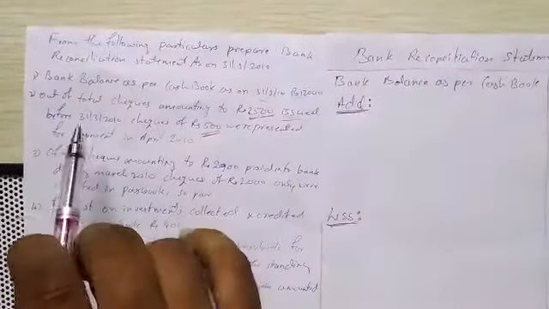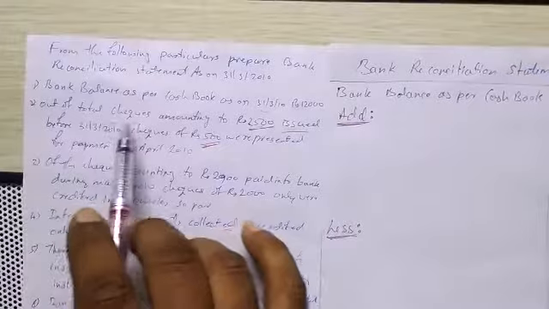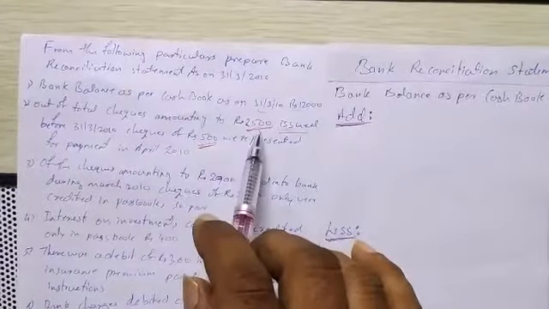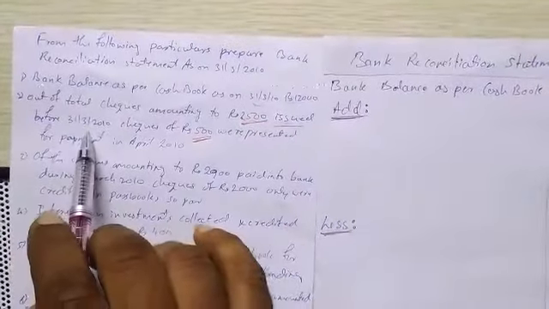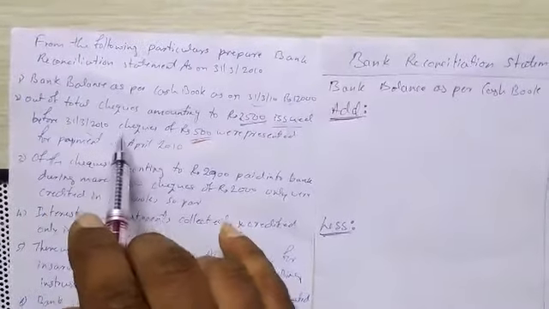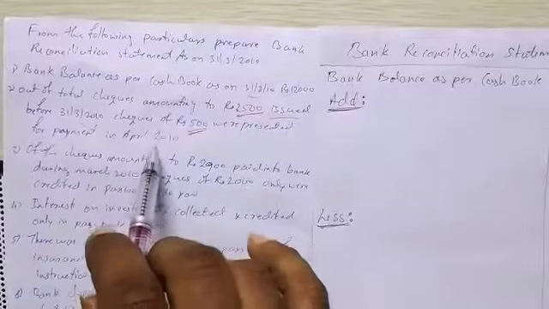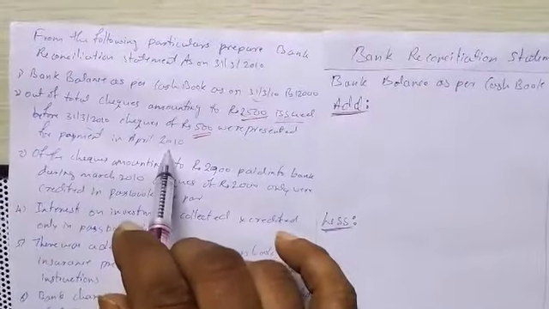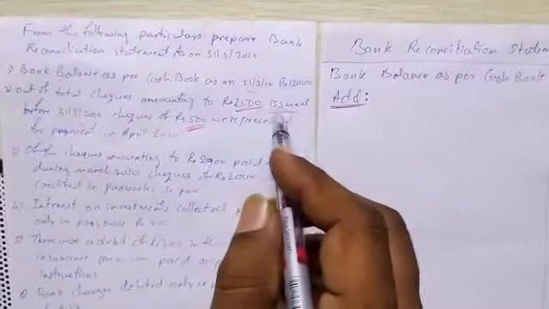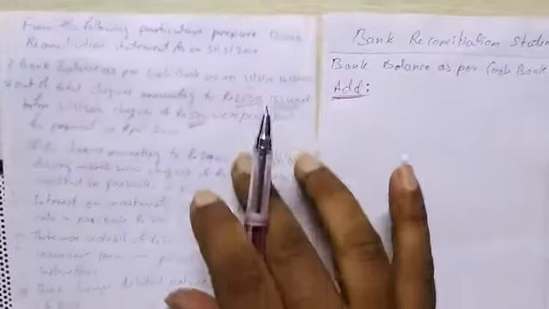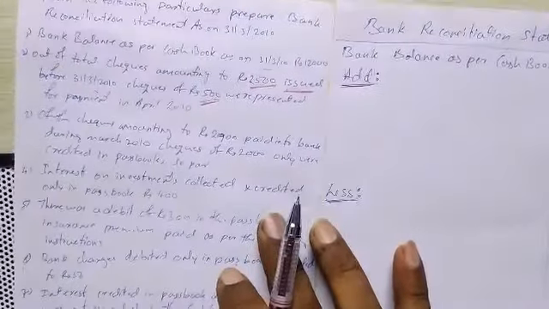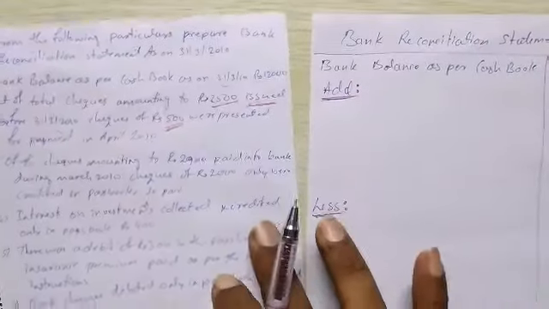The first transaction: out of total checks amounting to rupees 2,500 issued before 31/3/2010, checks of rupees 500 were presented for payment in the month of April 2010. Checks issued means the checks given to our creditor or supplier of goods.